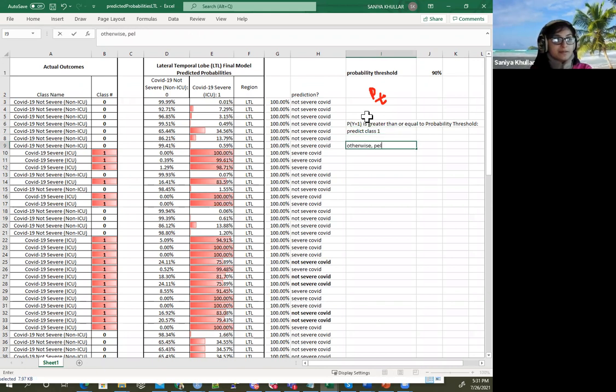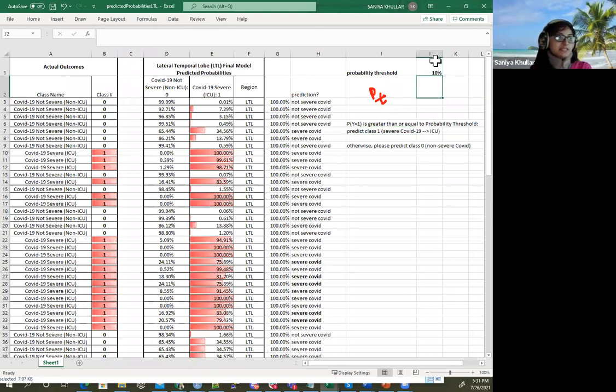Otherwise, please predict class 0, so non-severe COVID. This is for class 1, which is severe COVID-19, so you would be in the ICU, intensive care unit. So that's how it works.